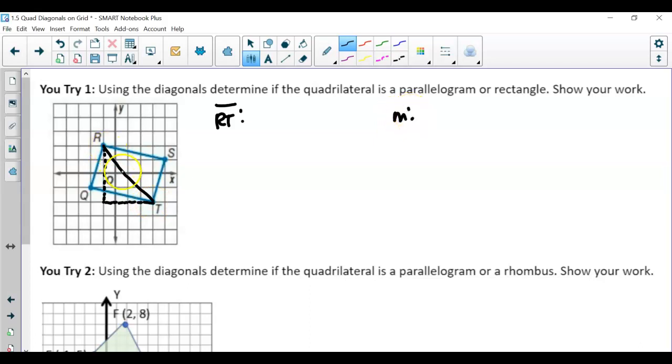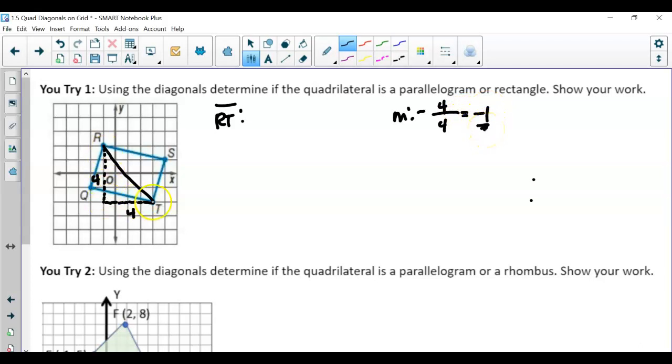Now, notice here, we're going down, so negative slope. Your rise is 4 with a run of 4. So here you have negative 4 over 4, which gives you a slope of negative 1.